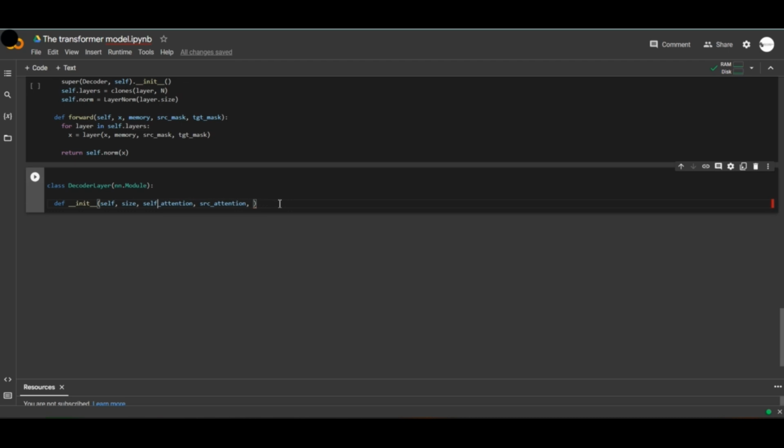Then we take in the feed forward, which is another sub layer within the decoder. Then we have a dropout. Then I say super, DecoderLayer, we take in the self, say dot init.